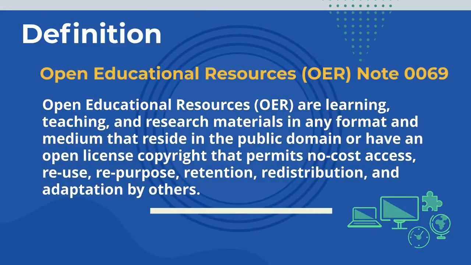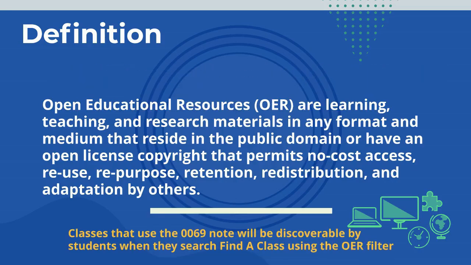The definition of open educational resources, OER, are learning, teaching, and research materials in any format and medium that reside in the public domain or have an open license copyright that permits no-cost access, reuse, repurpose, retention, redistribution, and adaptation by others. Classes that use the 0069 note will be discoverable by students when they search Find a Class using the OER Open Educational Resource filter.